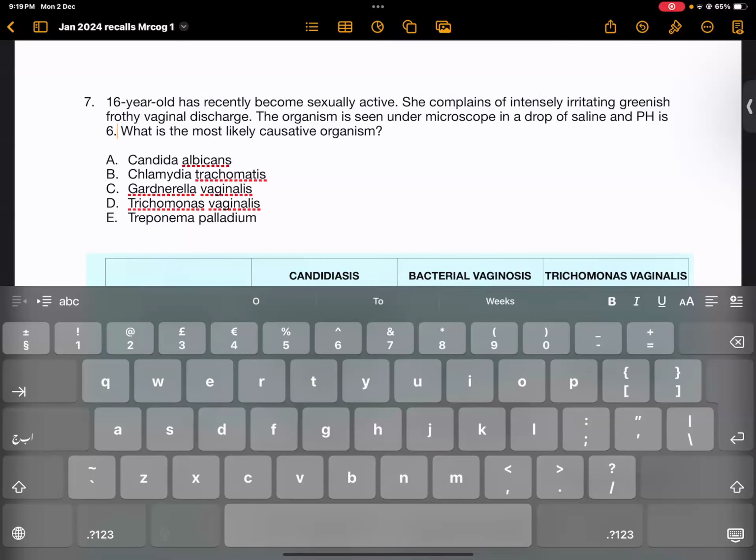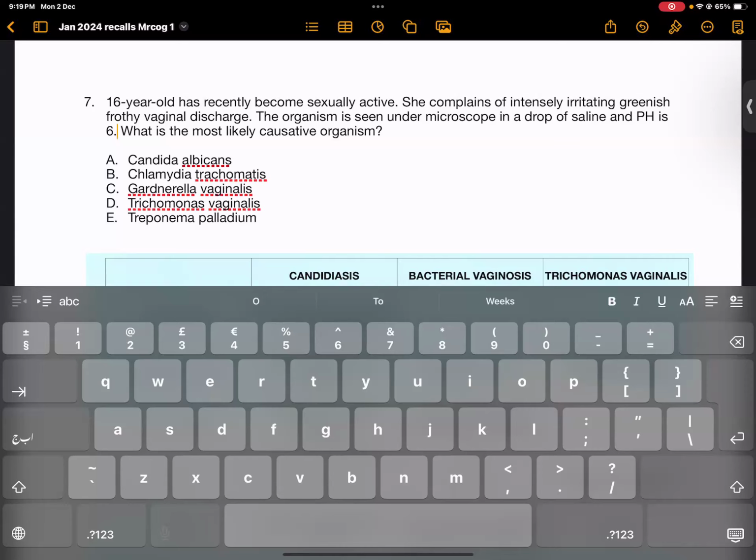The pH would be 6, meaning not acidic, in both these conditions. Clue cells on microscopy are the significant finding, pathognomonic of Gardnerella vaginalis and bacterial vaginosis.